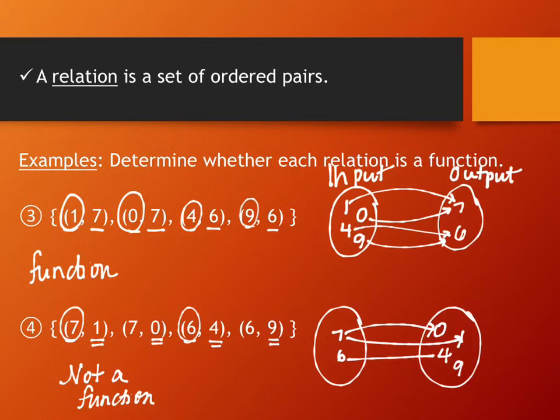The number 6 goes to the number 4 and to the number 9. That can't happen and it be a function. Yes, ma'am? You could, yeah. So it would be another visual representation, sure. So anytime the input has 2 arrows exiting, going to 2 different locations, it's not a function.